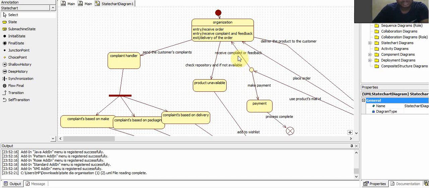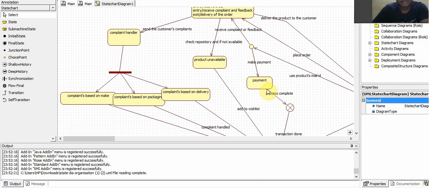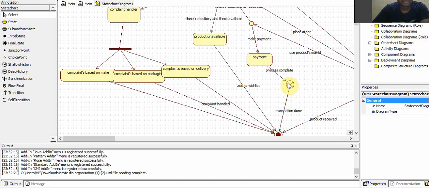The next is about the payment. If it receives complaint or feedback, then we must go for make payment. If we have made the payment, the process is complete. That means this is the flow final state shown here. If the payment is done, the process is complete. Transaction is done, it goes to the final state.